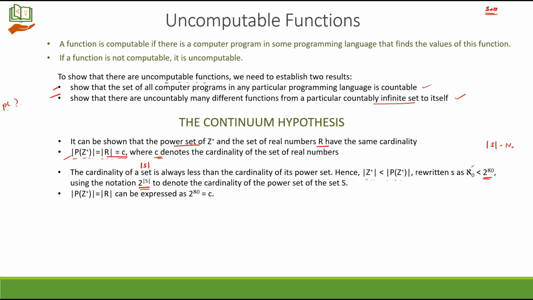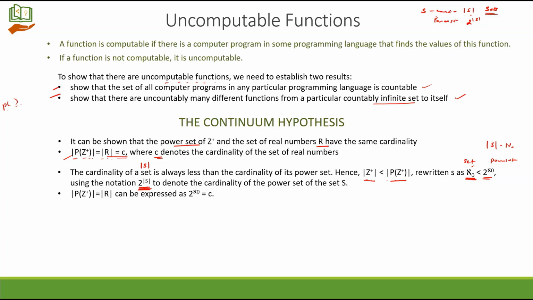So let's take a set S. To denote the cardinality of the set, we use the symbol. To denote the cardinality of the power set, we use 2 power the cardinality of set S. So this is the cardinality of the set and this is the cardinality of the power set. The cardinality of a set is always less than the cardinality of its power set.